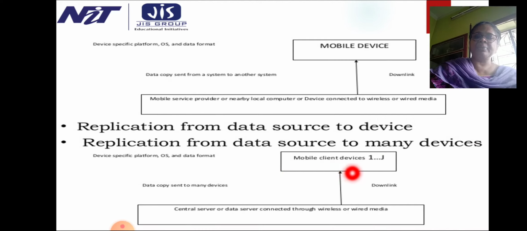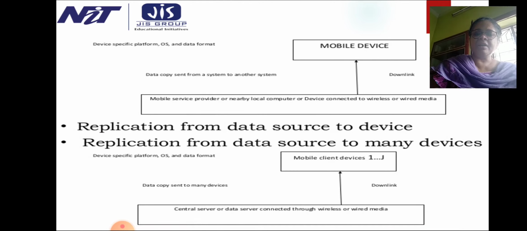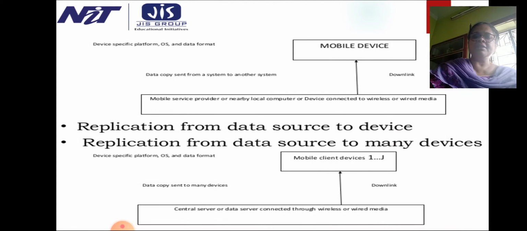Mobile client devices, there are different devices from 1 to J, and this is the client server or data server connected through a wireless or wired network. And this is the data copy sent to many devices.